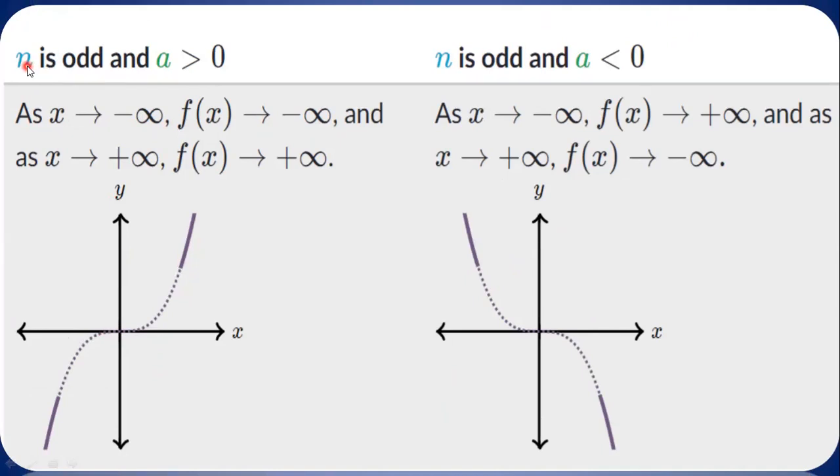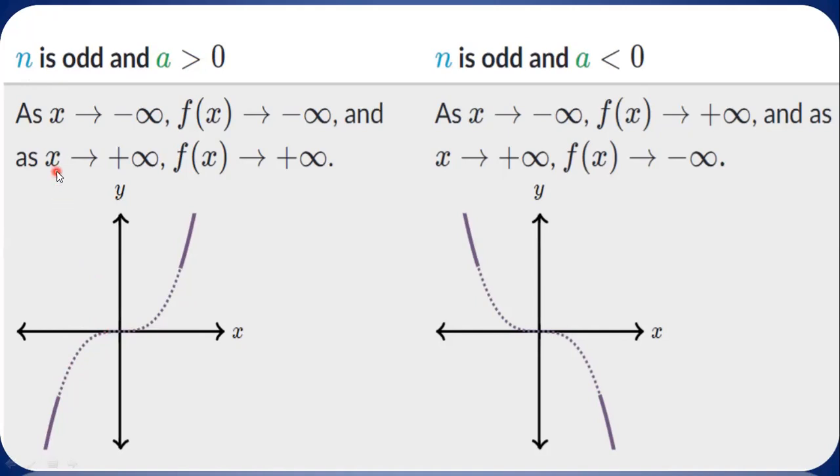So odd will preserve the negative, negative will come out as it is, and now this a is positive, so positive and negative will be negative. So if you are putting the negative values, even then the graph is coming down, down, down, and in this way for the extreme values, for the end behaviors.